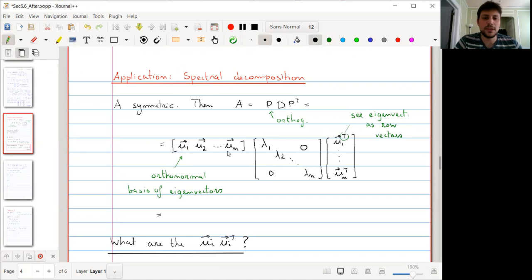I expanded this out, but I want to compute a little bit of what's going to happen here. The way that this can be computed is by observing that the lambdas, the eigenvalues here, will just rescale all of the rows that happen on this side.